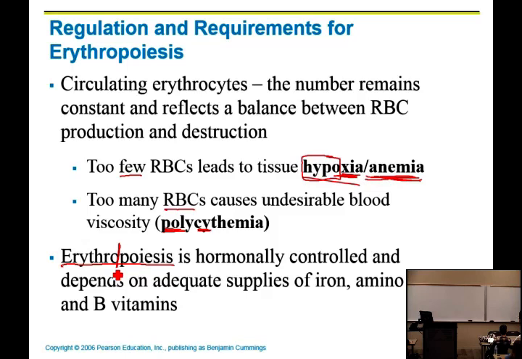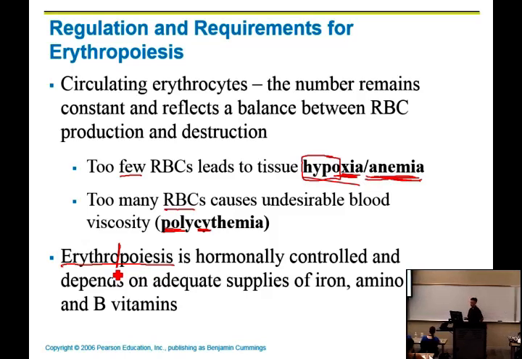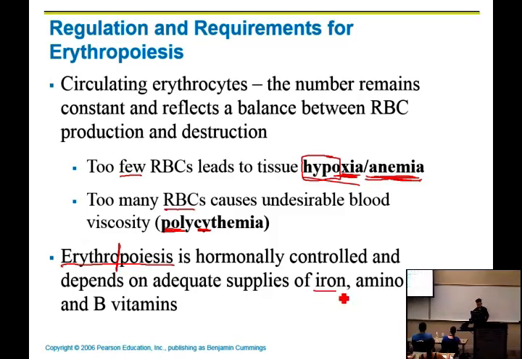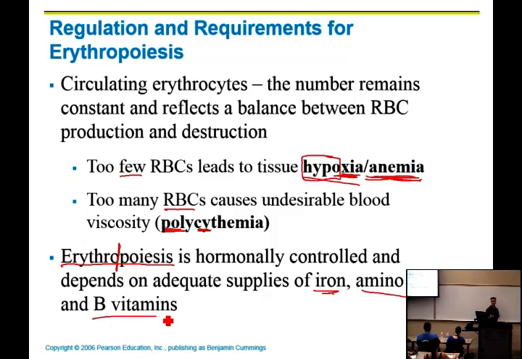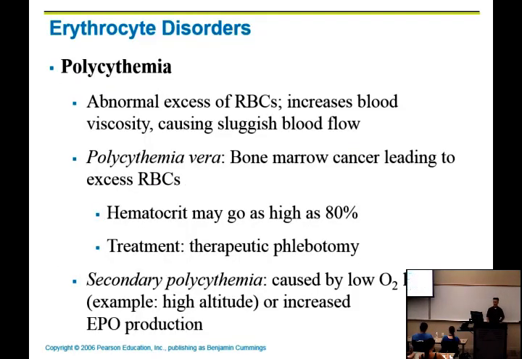If those are getting too low, we need to kick up the production of red blood cells. But there are also other factors that can affect how many red blood cells you have going in your body. So the amount of iron, the amount of amino acids, and even B vitamins can come into play here. We know iron's a factor for hemoglobin. Amino acids are what we use to create proteins. And so all those factors can come into play.